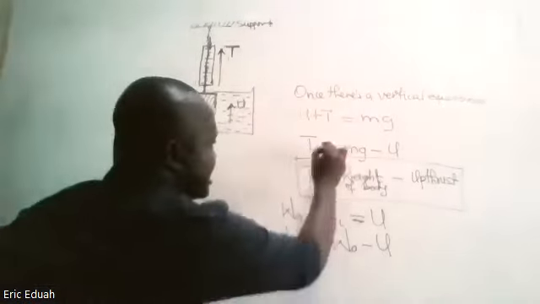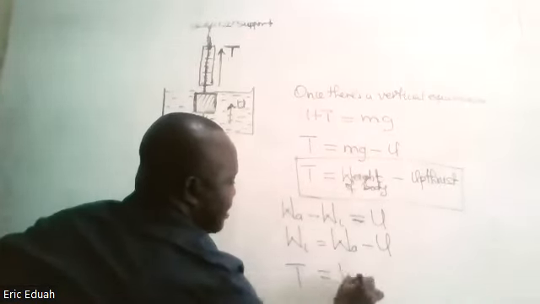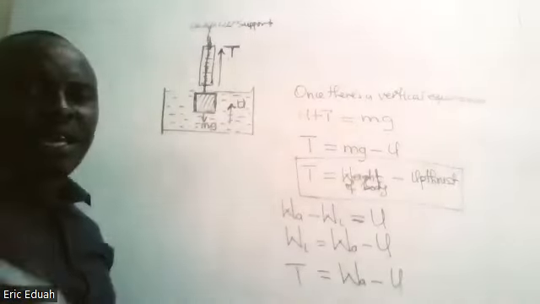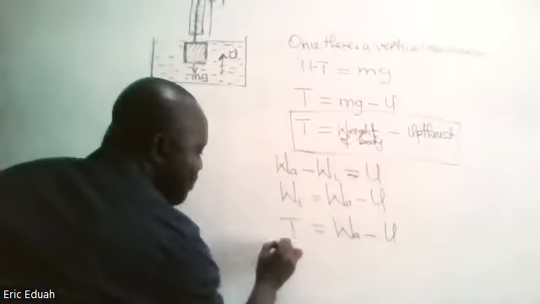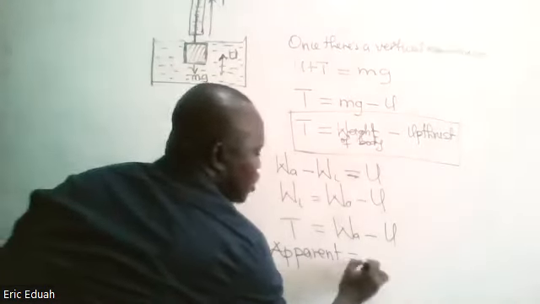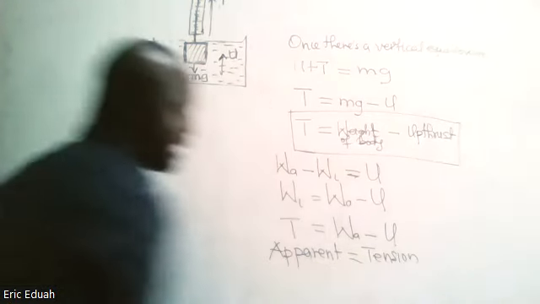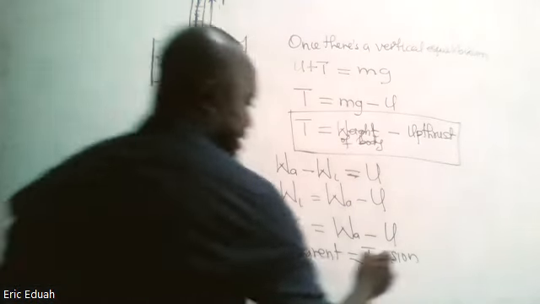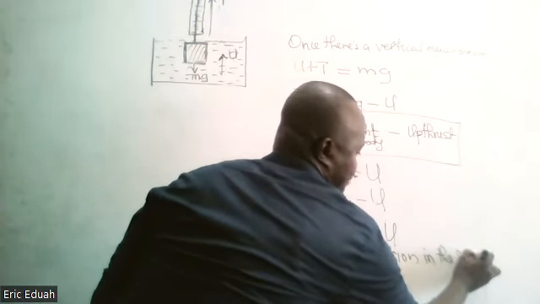And what it means is that tension is equal to the same real weight minus upthrust. So it also means that in calculations, the apparent weight W_L is also equal to the tension in the string or the spring.